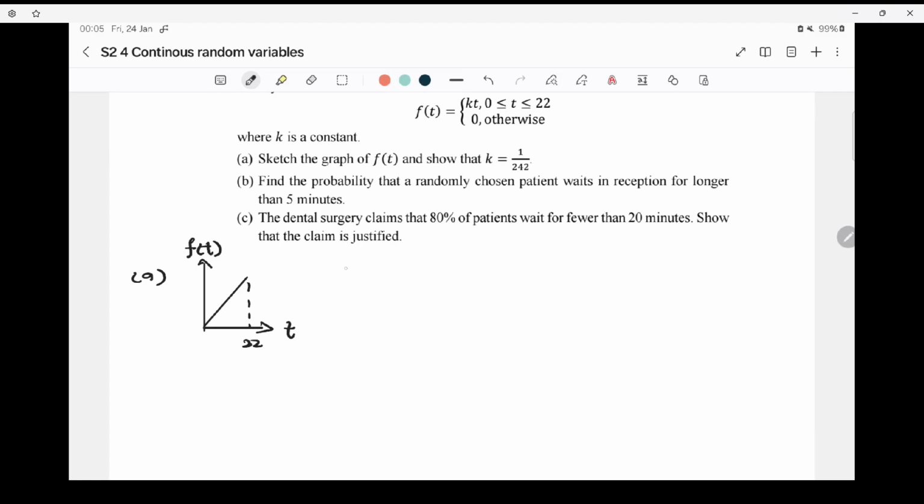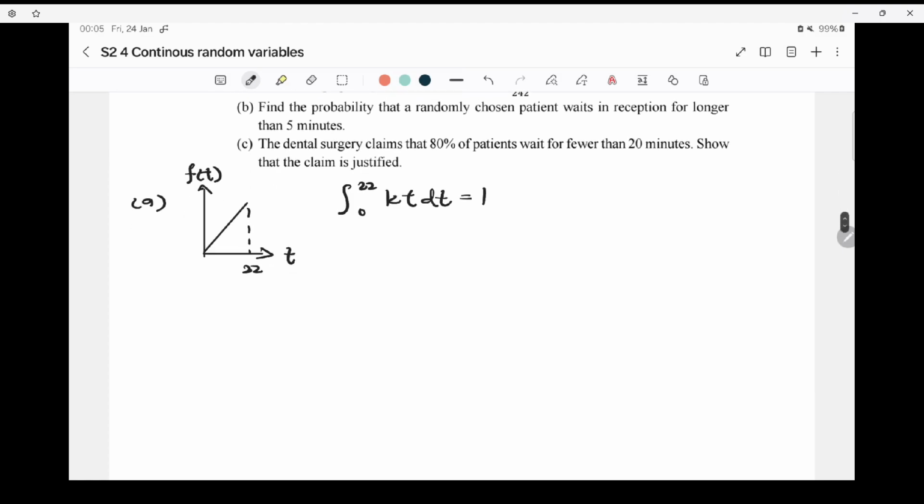So basically integrating from 0 to 22 of kt dt has to equal 1. So k I can factor outside. After integrating t, I get t squared over 2. So you integrate from 0 to 22, this equals 1.